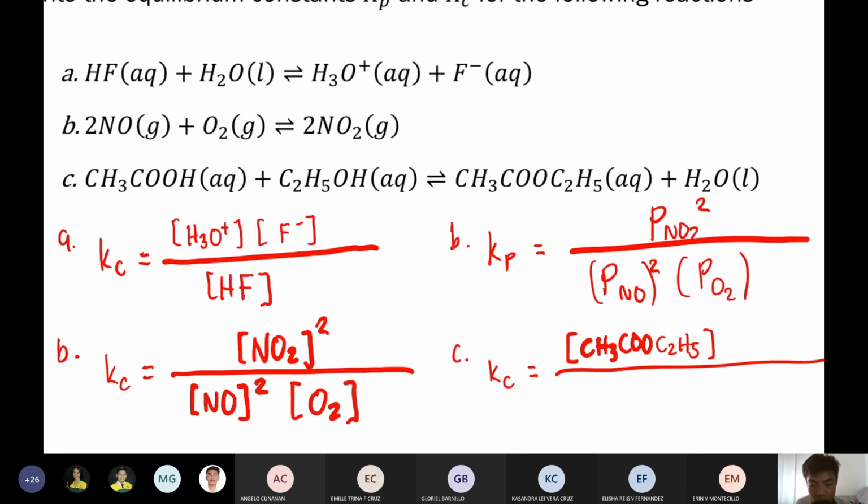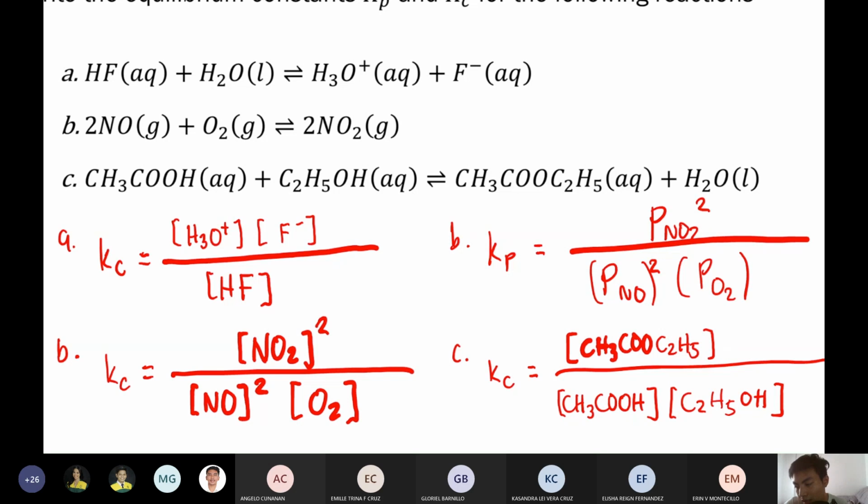So, parehas yan aqueous. So, both must appear in the K expression. So, we have CH3COOH times the ethanol, C2H5OH. Okay, so that will be our equilibrium expressions for the three equations.